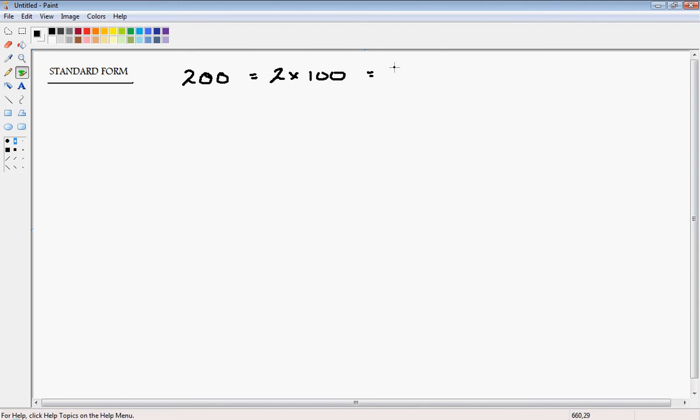Now I also know that 100 is 10 times 10, so this is 10 squared. So 200 could be written as 2 times 10 squared. Okay, you can see it's exactly the same thing. So this is 200 in standard form.